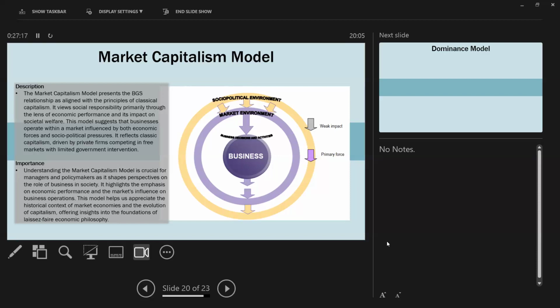This model suggests that businesses operate within a market influenced by both economic forces and socio-political pressures, and it reflects classical capitalism driven by private firms competing in a free market with limited government intervention.